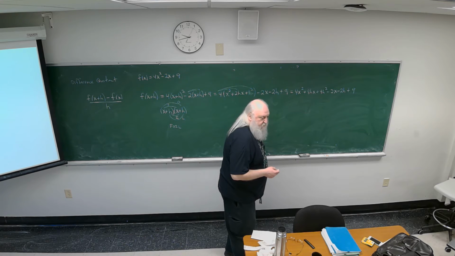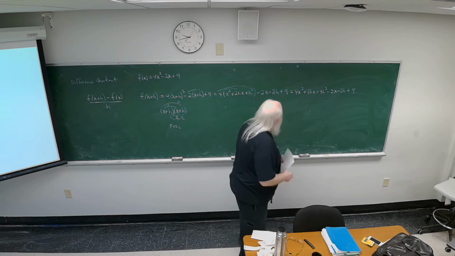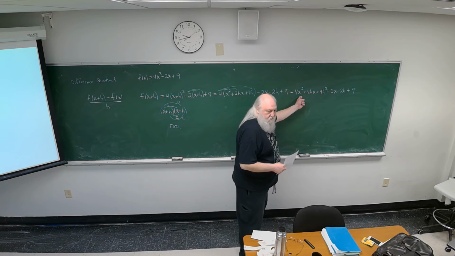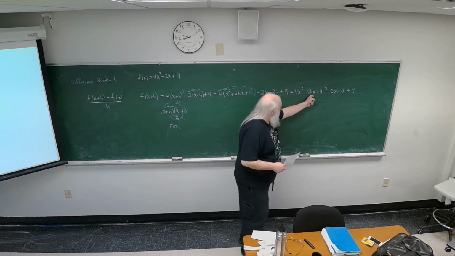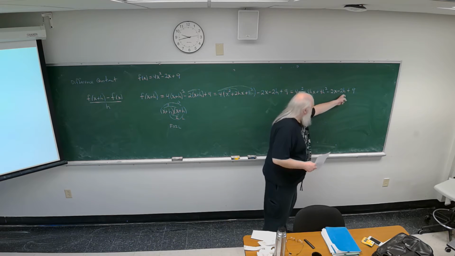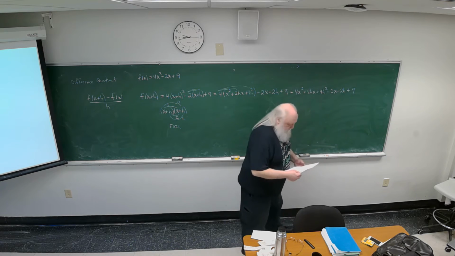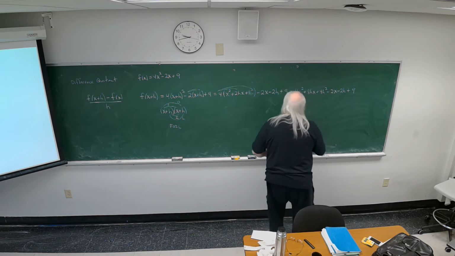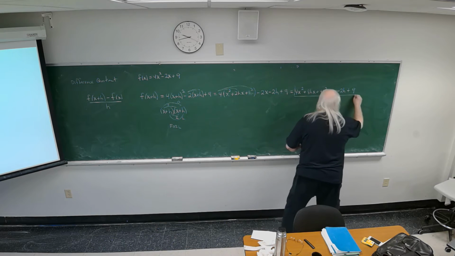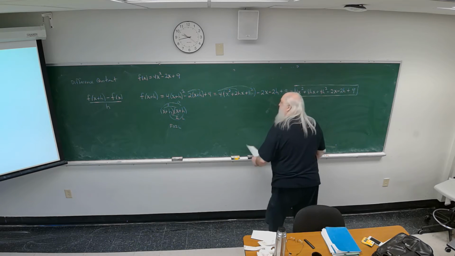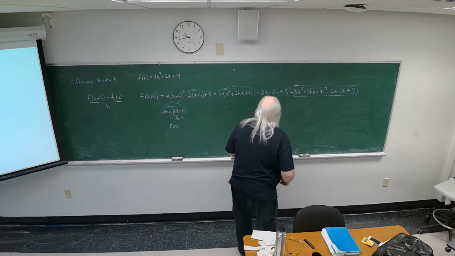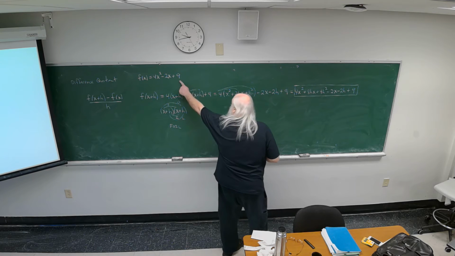I don't see any, right? Look at everything, just write the coefficients for x squared, hx, h squared, x, h, constant. So this is it. That's f of x plus h for this quadratic function.